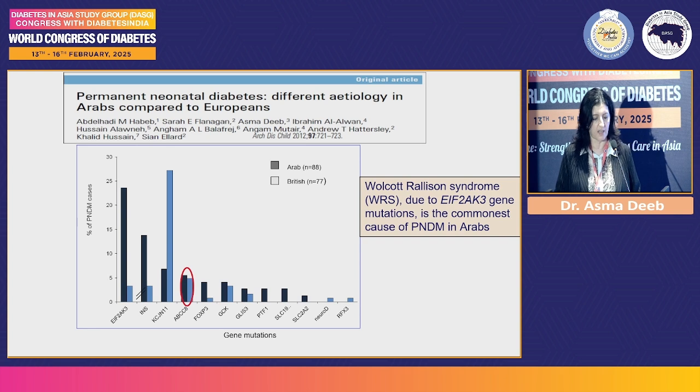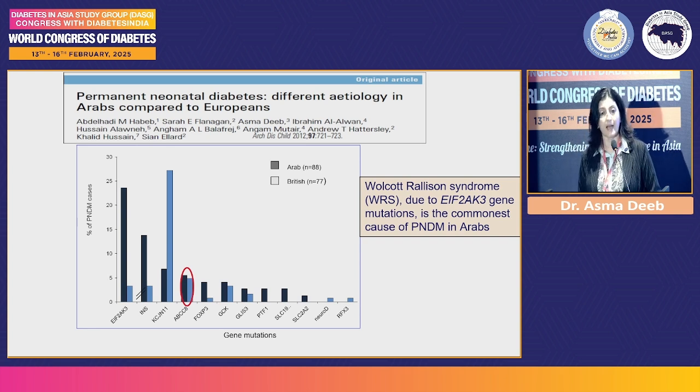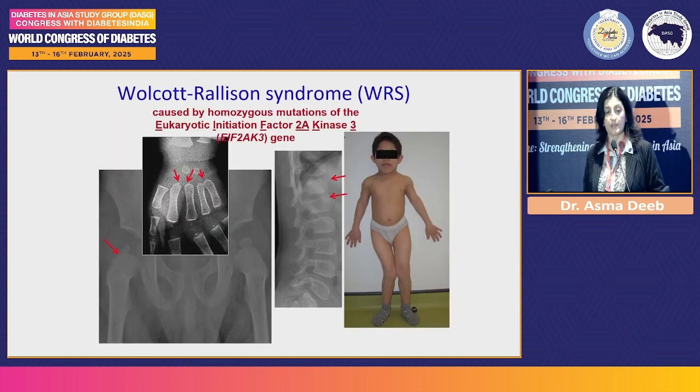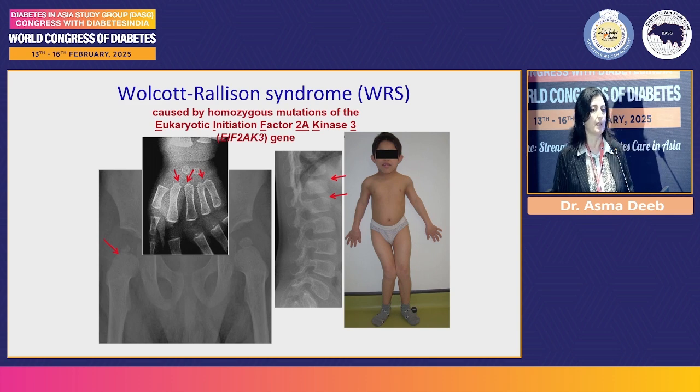This is data that we put together for 88 Arabs compared to 77 British. And it's very interesting because what we found is that in our region, Wolcott-Rallison syndrome is the most common cause of neonatal diabetes, while in Europe, specifically the UK, they have KATP channel mutation as the most common cause of neonatal diabetes.